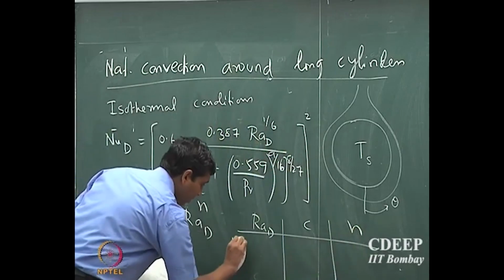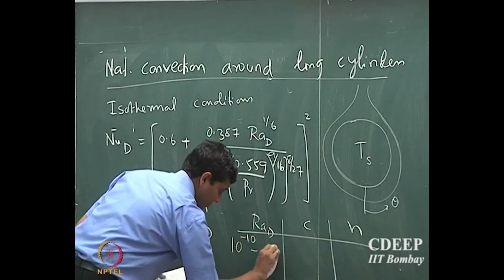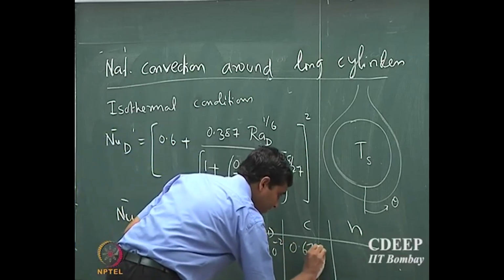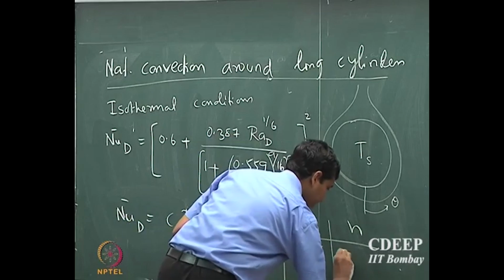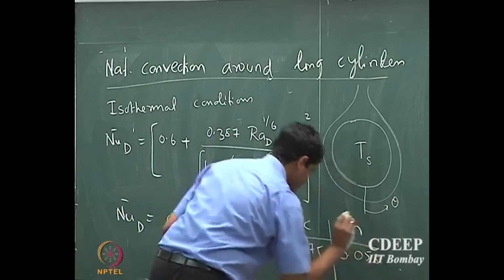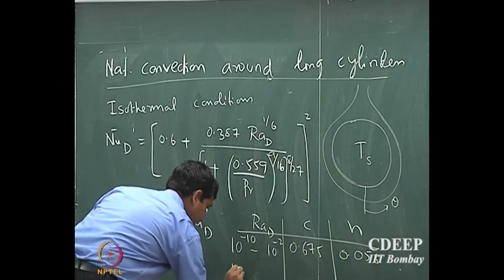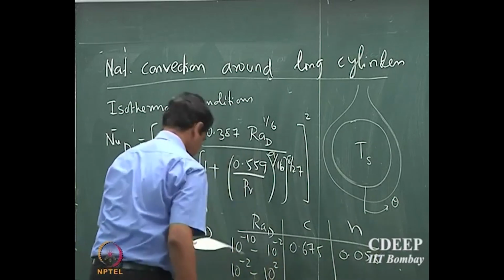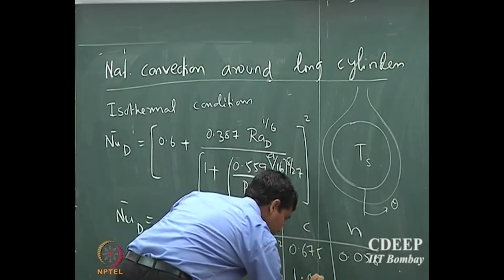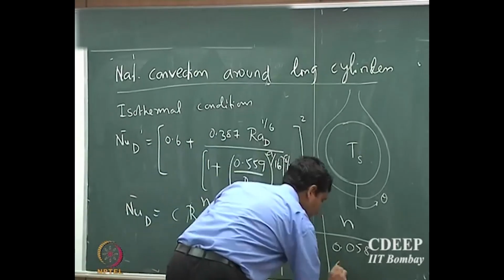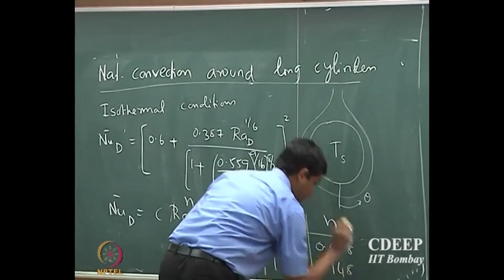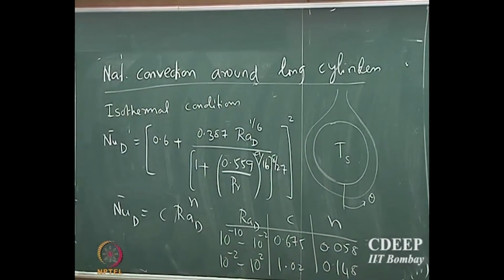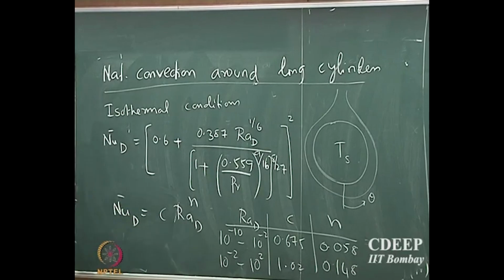So, that will be 10 power minus 10 to 10 power minus 2, with 0.675 and 0.058, and 10 power minus 2 to 10 square, that is 100, with 1.02 and 0.148. So, that gives the constants C and n for different ranges of Rayleigh number.